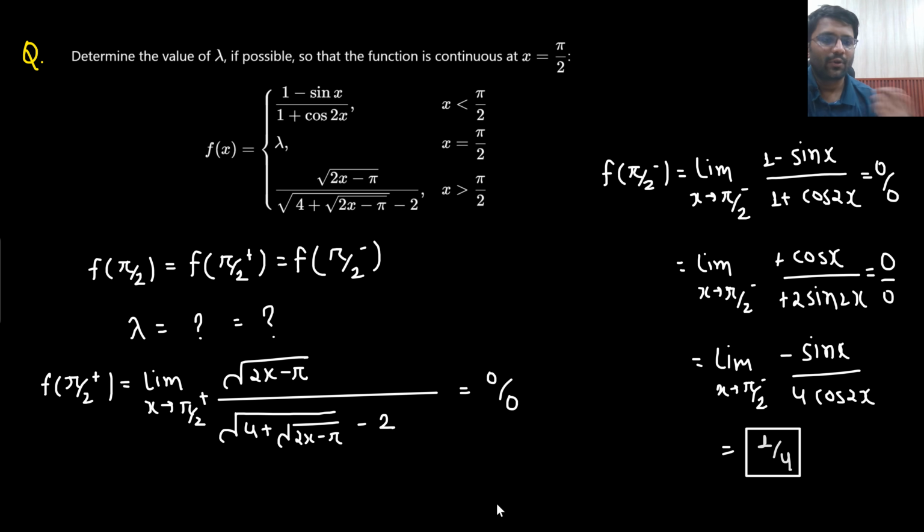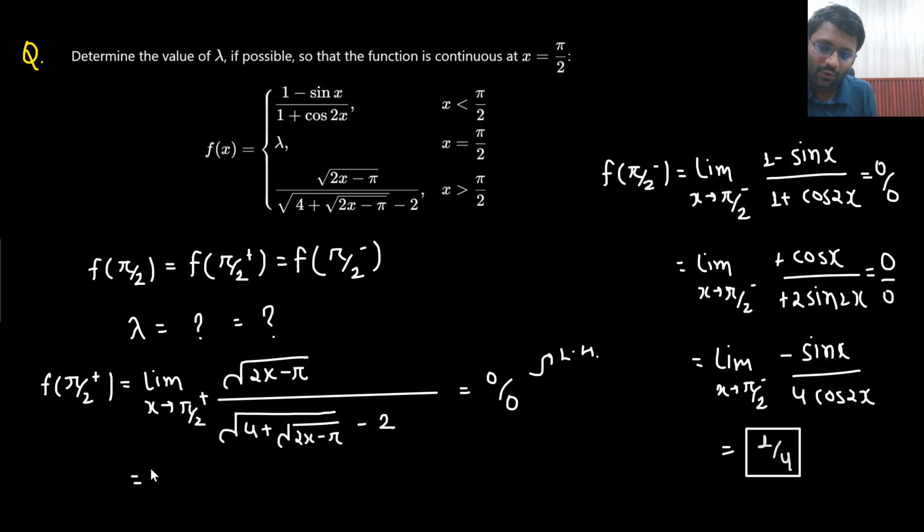And now why am I not going with factorization, why am I going with L'Hopital? Because on the upper side you will have to differentiate this particular thing, which is under root 2x minus pi. On the downward side, first you will have to differentiate this one, and then this much part. That means whatever I differentiate on the upper side, I will have to differentiate the same thing downward as well. So they will get cancelled out. Now I will apply L'Hopital rule.